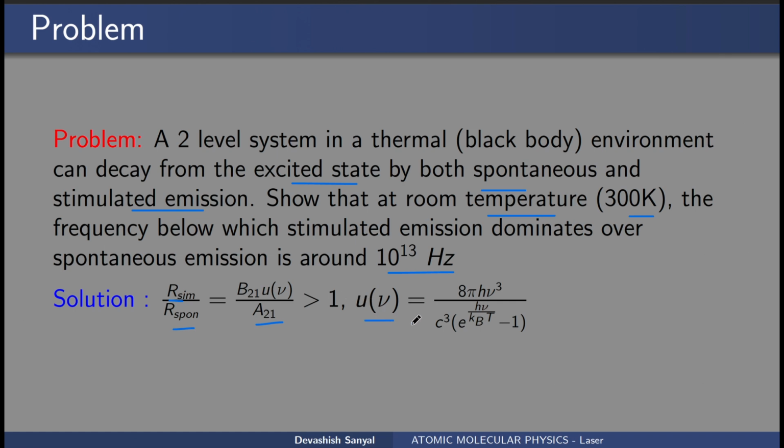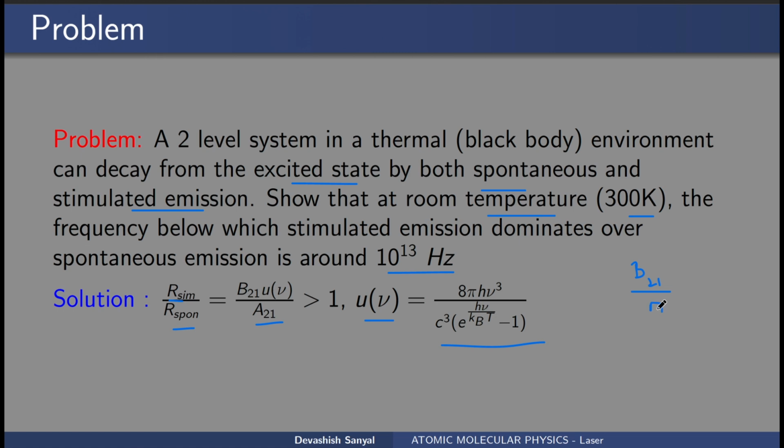And U nu is actually this expression, Planck's law. And we know the relation between B21 divided by A21, that we have already done in the beginning.